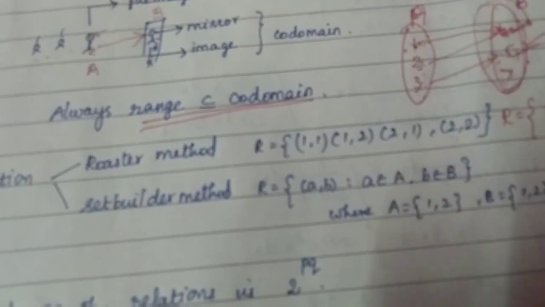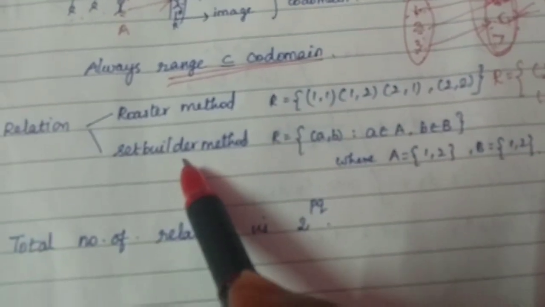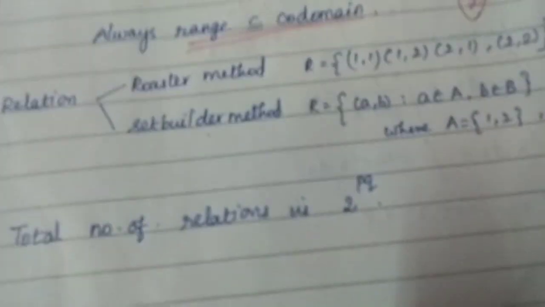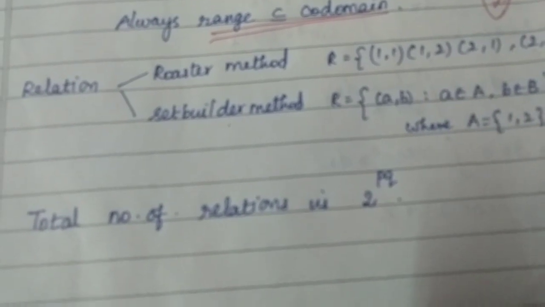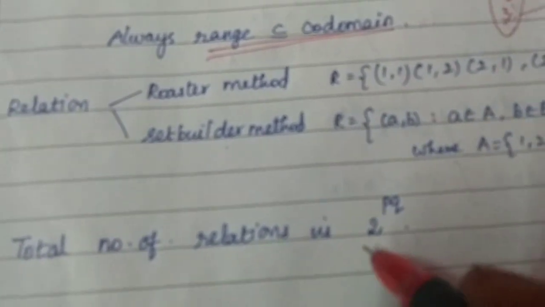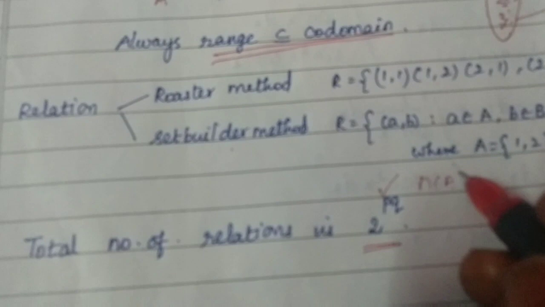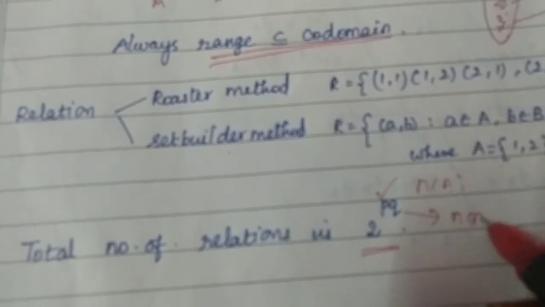If you are writing in terms of words, that is set builder form. And the total number of relations is 2 power pq. To find the number of total relations, the formula is 2 power pq, where p is the number of elements in set A and q is the number of elements in set B.